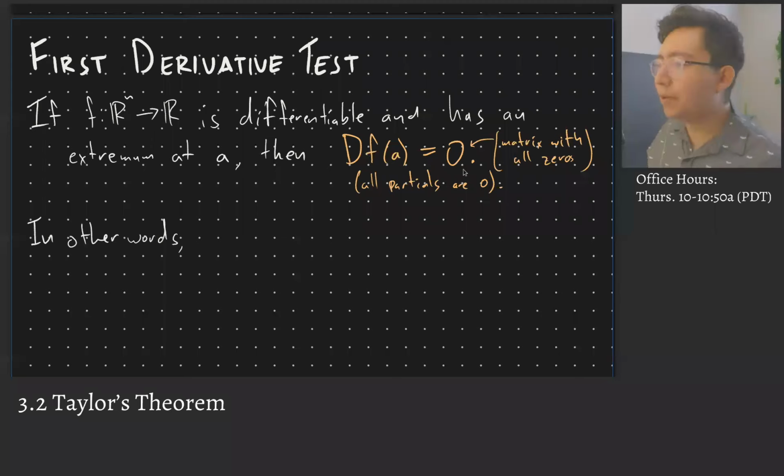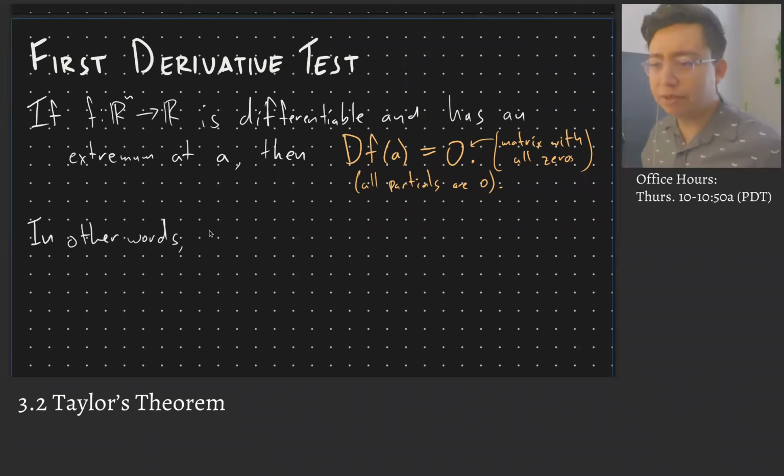This is how it typically gets stated in the math textbook: if you have a function where there is an extremum, then the differential, or the total derivative, at that point is going to be 0. But the way we actually use it is to find a list of candidates.